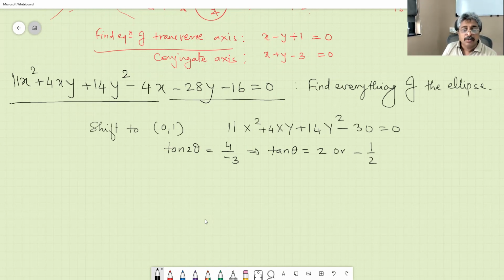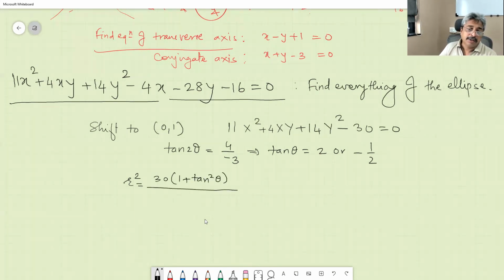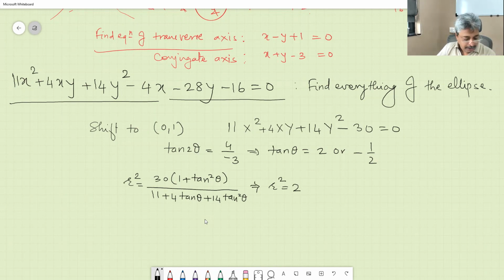Okay, and now again r square is equal to (1 plus tan square theta) upon (11 plus 4 tan theta plus 14 tan square theta). If you substitute tan theta is equal to 2, r square comes out to be equal to 2. And if you substitute tan theta is equal to minus half, r square comes out to be equal to 3.